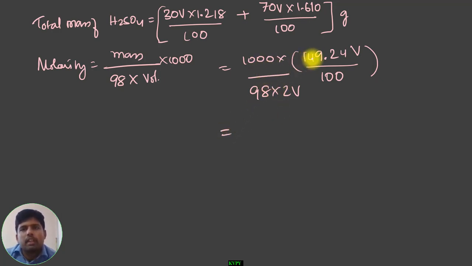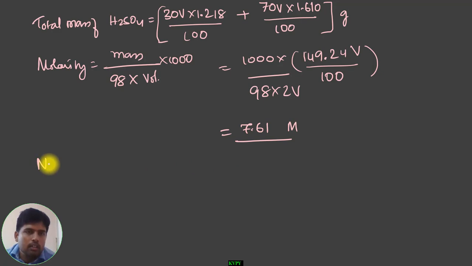It's going to be 10, and the calculation of the values in the expression from 1492.4 divided by 98 gives 7.61. This is molarity.